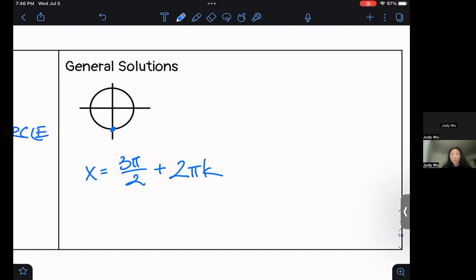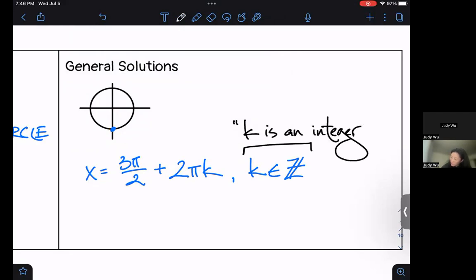Why am I throwing in new letters? Well, k is an integer. These symbols that I wrote right here really say k is an integer. That means that k could be 1, 2, 3, 5, 100, but it could also be like -1, -2.